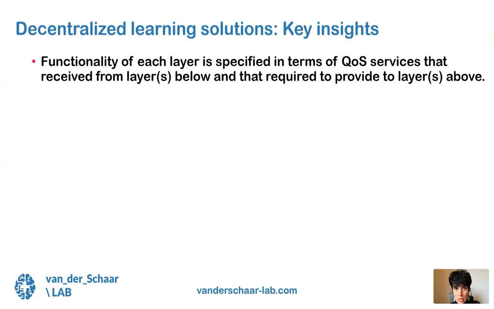We need to come up with decentralization solutions for reinforcement learning that do not break the OSI stack, and are aware that every layer is providing to the layers above quality of service, and receives from the layer below quality of service. So a lower layer is going to provide the feasible quality of service set to the higher layer, from which the higher layer can select and communicate to the lower layer what particular operation point is desired.